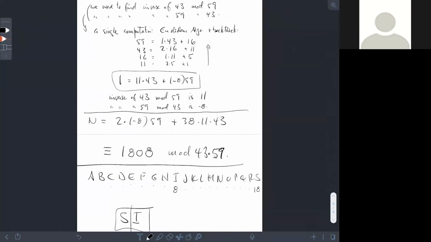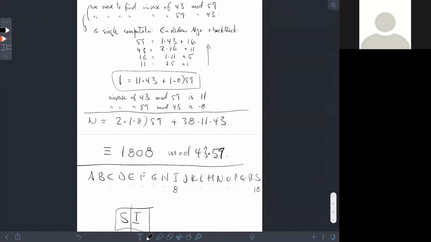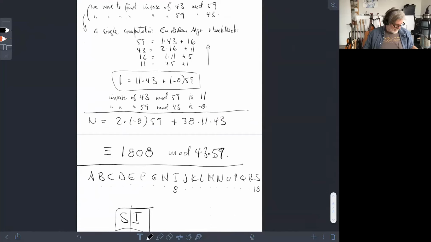The only two numbers that are going to change are 2 and 38. Correct. Yes, you're right. We've done a lot of the work. Actually, the next blocks will be much faster. Perfect. Good point.